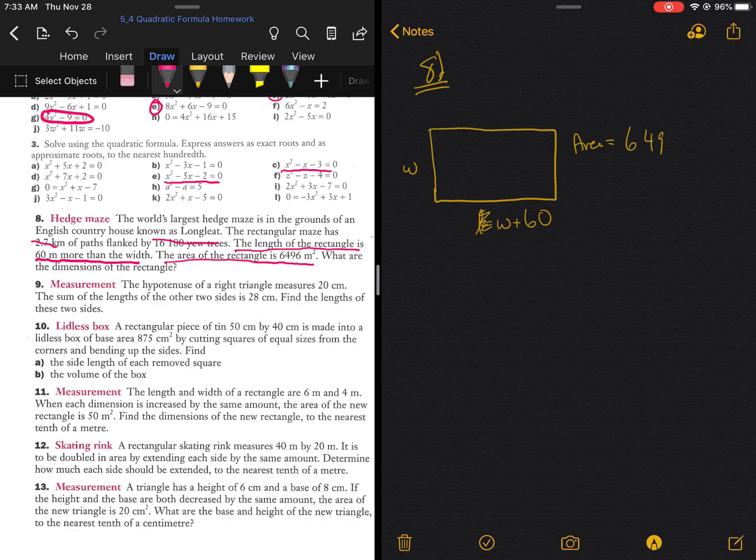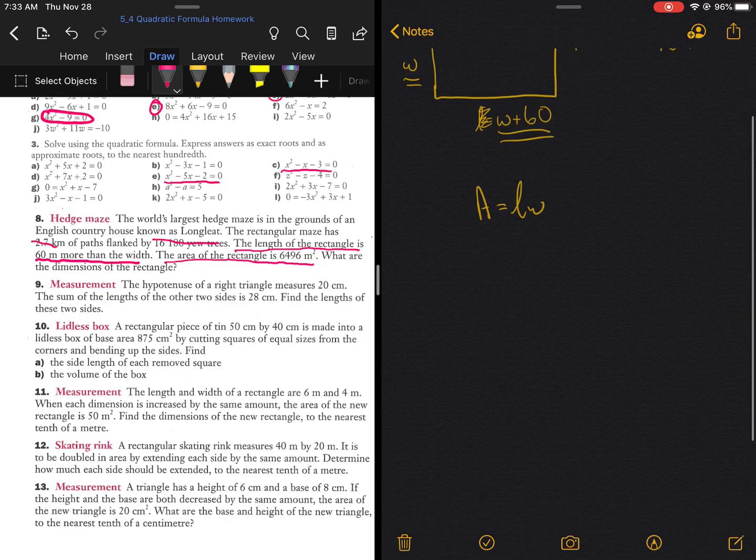And I know that the area is equal to 6,496 meters squared. So it's asking me what are the dimensions? What's W and W plus 60?